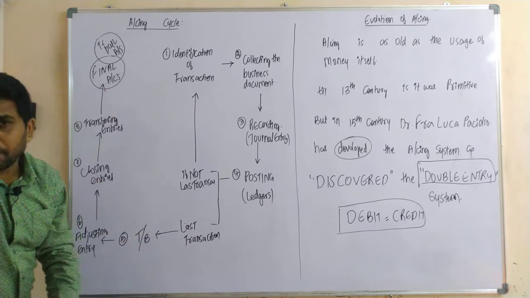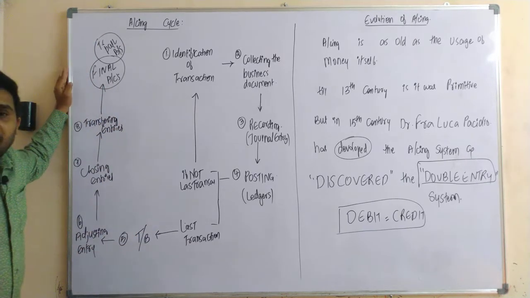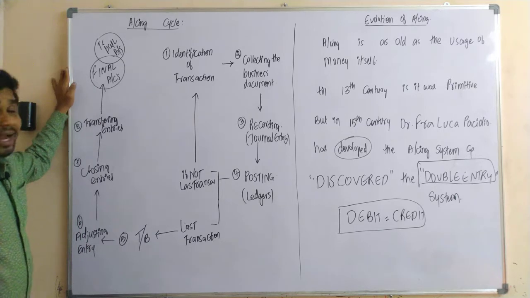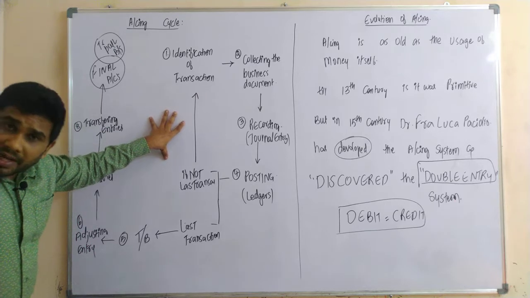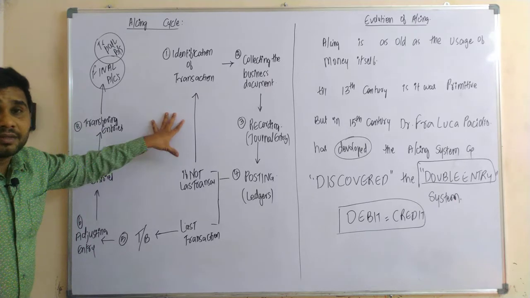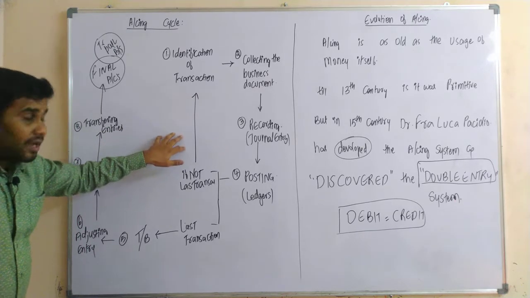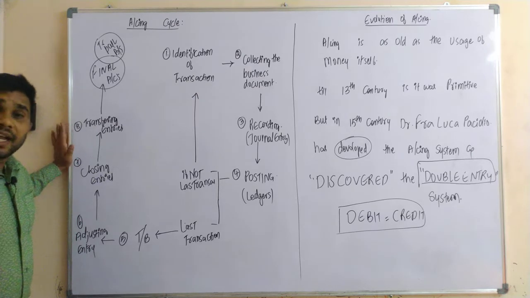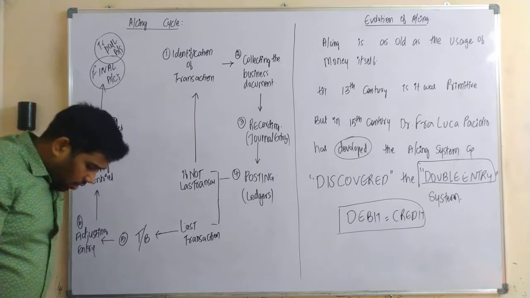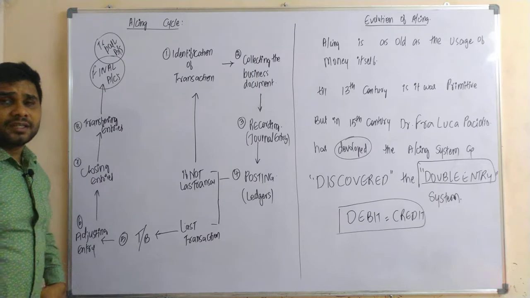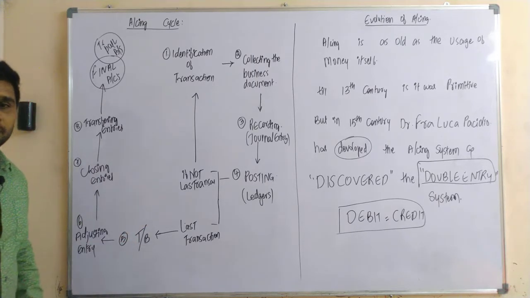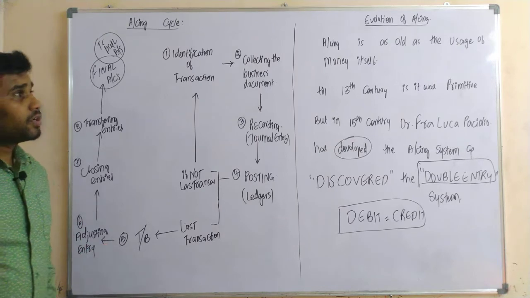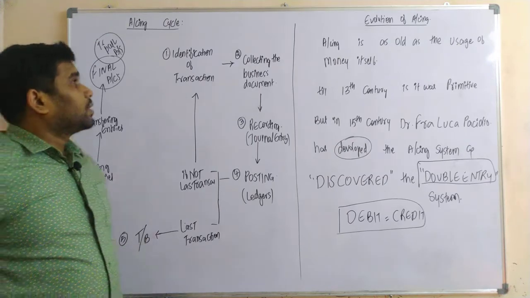According to them, accounting is an art of recording, classifying and summarizing in a significant manner and in terms of money, transactions and events which are in part at least of financial character, and interpreting the results thereof. So this is your introduction to accounting. I hope you all understood. Thank you.